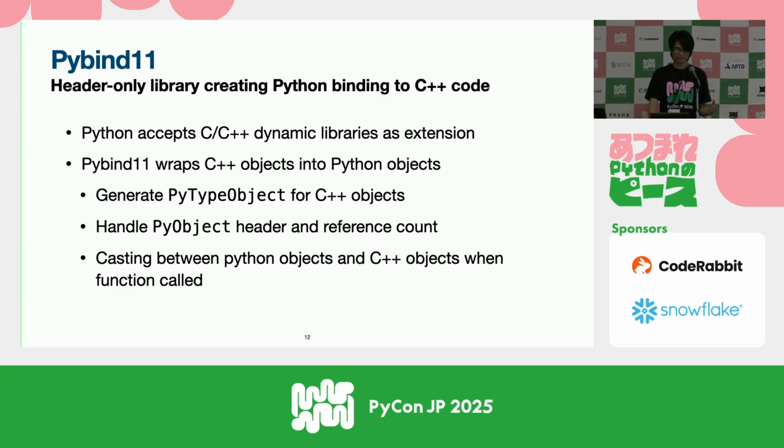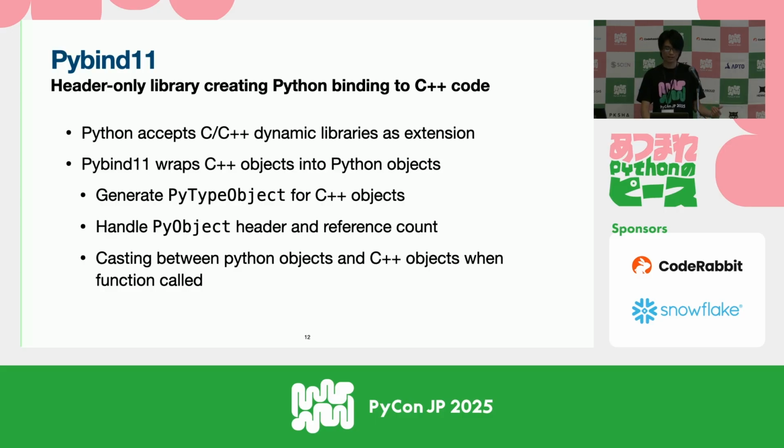And last, it casts the object between Python and C++. So for example, if there is a function call in Python, it will first extract our C++ object out from the PyObject. And then it calls the C++ function that we wrapped using the C++ object. And then after that, it will cast the return value back to a Python object for further usage.